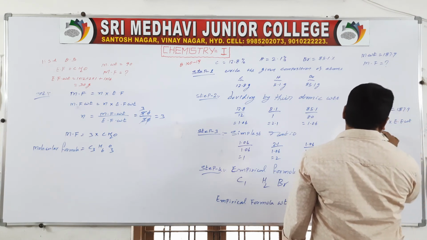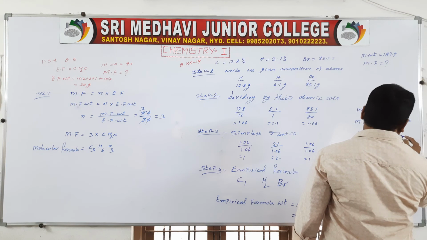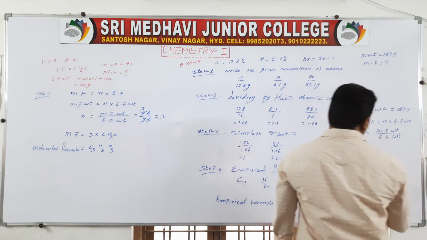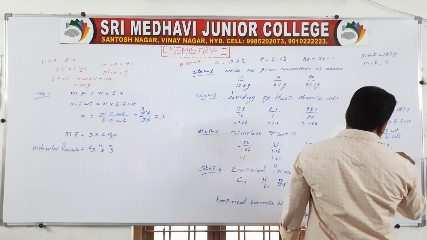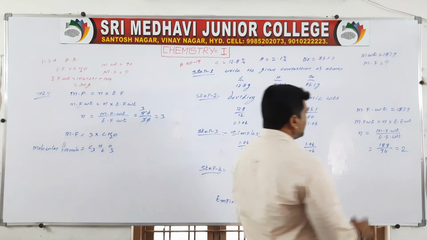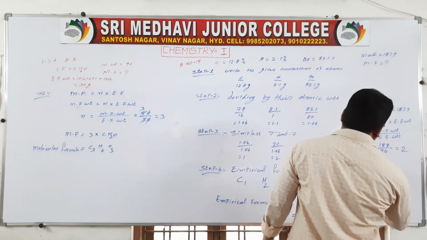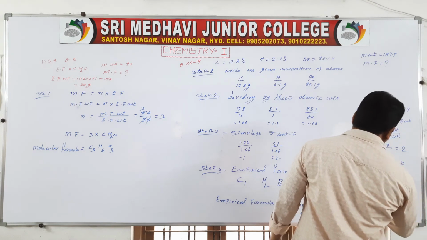Then n equals molecular formula weight by empirical formula weight. Then it is 188 by 94. It is 2.